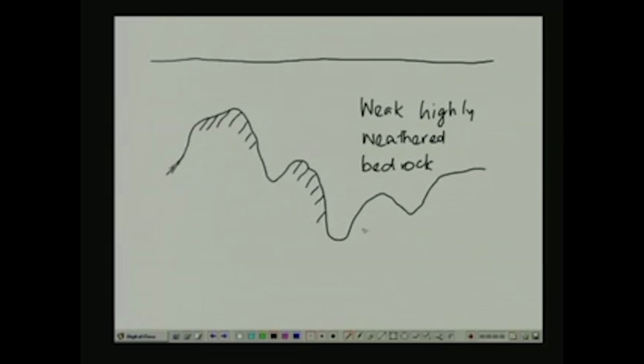And this one is intact bedrock. And our purpose in this case is to transfer the load to the intact bedrock. Now, let us say the bridge foundation comes and rests at a location like this.